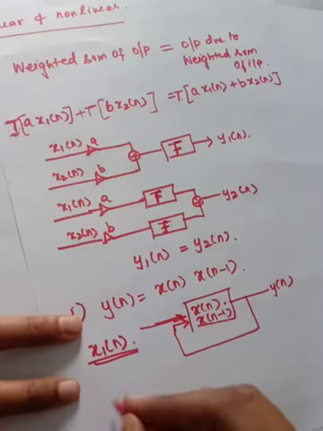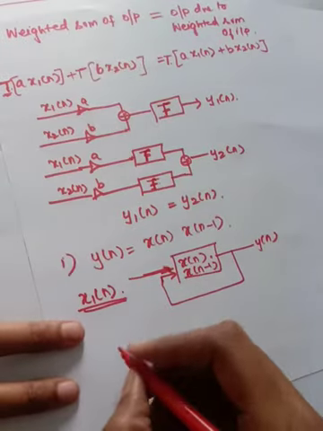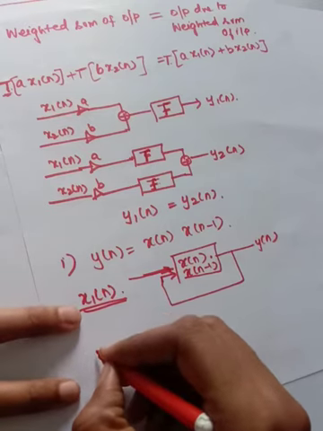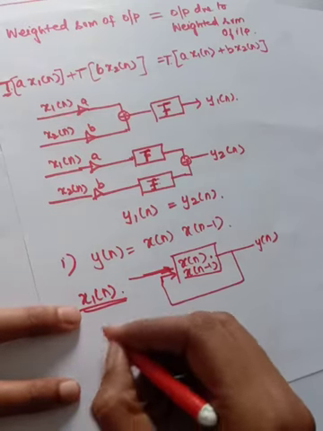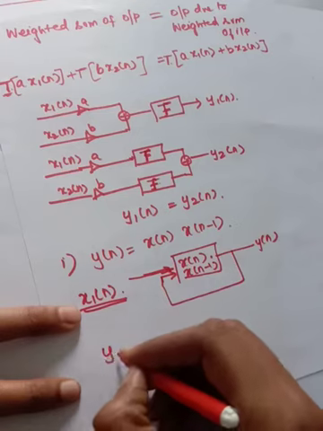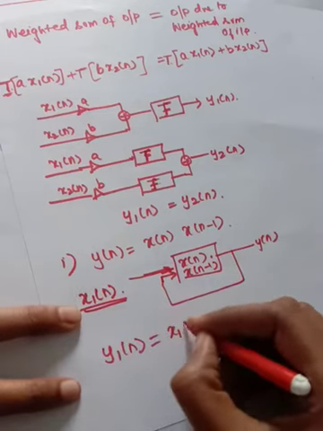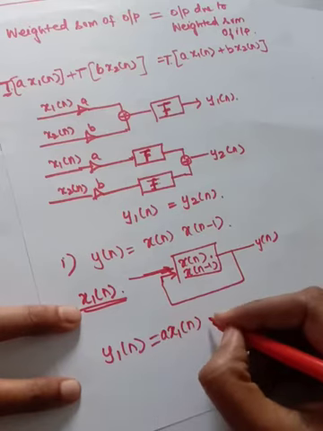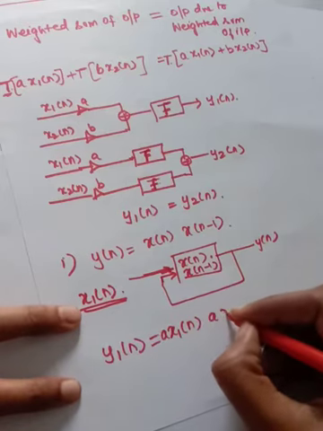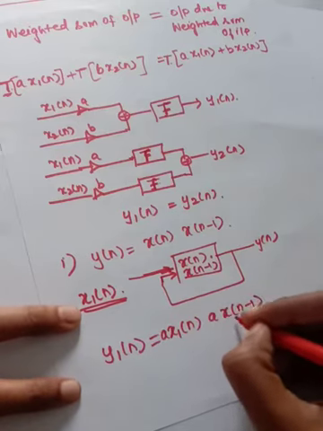Now when the input is x1 of n, the output will be y1 of n, which is equal to a x1 of n into a x1 of n minus 1.